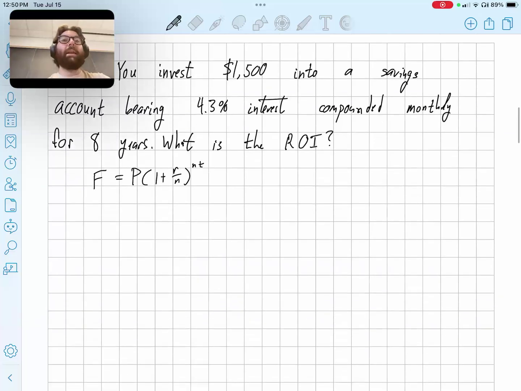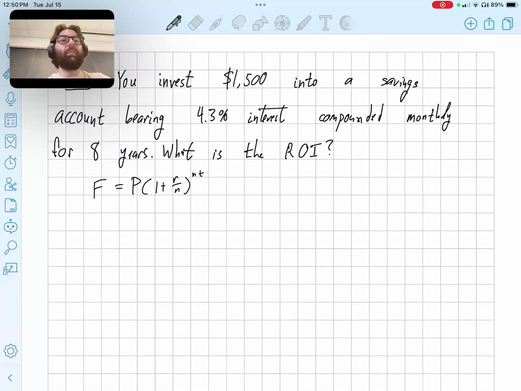Now let's collect our variables. Here, our P is our initial investment. That's going to be $1,500. Then R is 0.043, because we do 4.3% as a decimal. N is going to be 12, because we're compounding monthly.